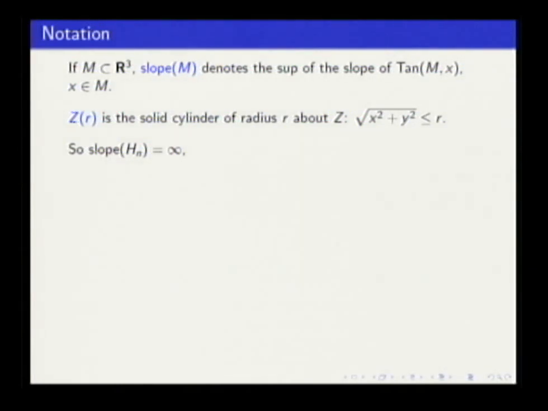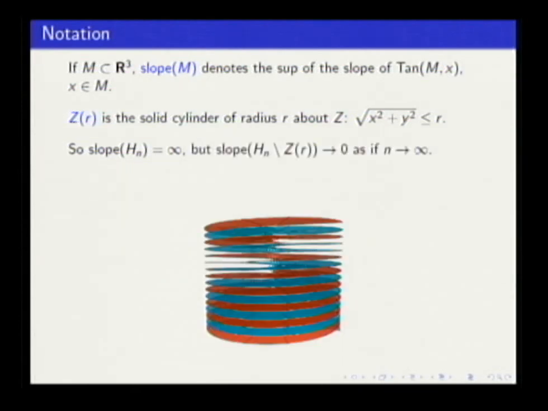If there's any place where the tangent plane is vertical, slope is infinity, even though, of course, there are lots of places where the slope is small. But if you remove a little cylinder around the z-axis, then what's left has very small slope. So cut out the cylinder, let n go to infinity, and the slope will go to 0.